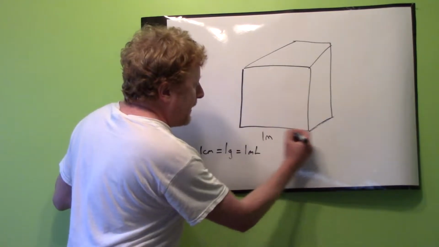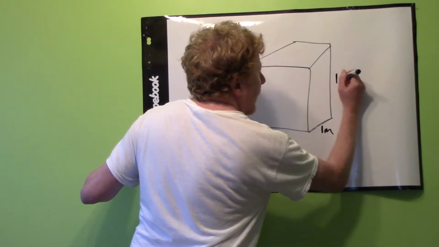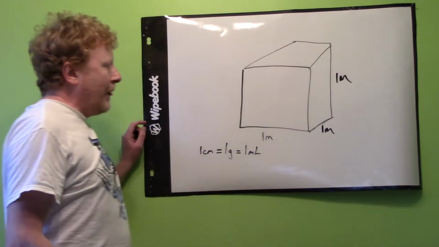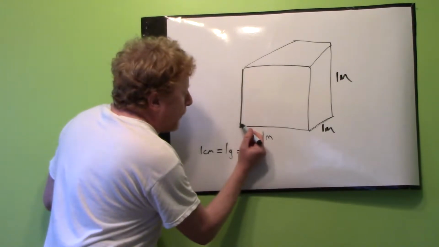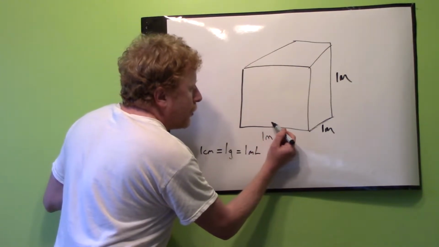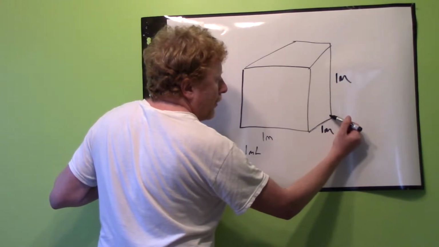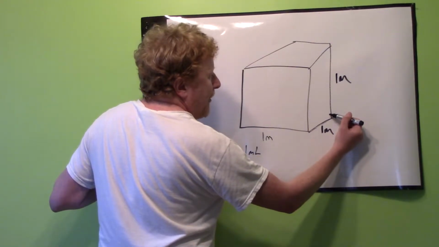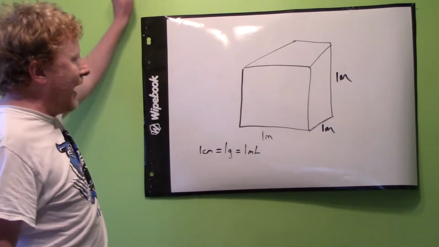So we have the length of 1 meter, the width of 1 meter, and the height of 1 meter. Now what I can do is put 100 cubes along the length, another 100 cubes along the width, and then another 100 cubes up the height.